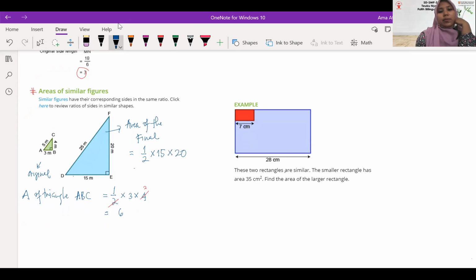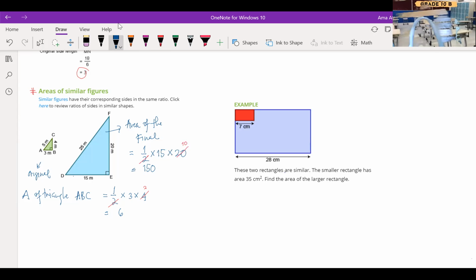Okay, how much is this? 150. It's okay. 150 square meter. Don't forget the unit here is meter, so it is square meter.